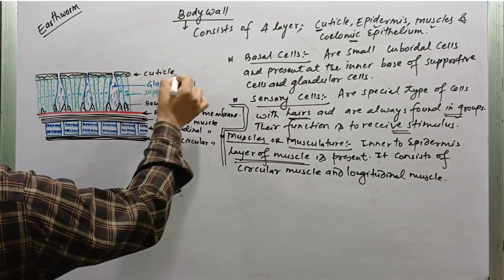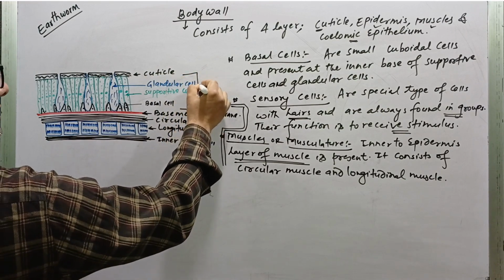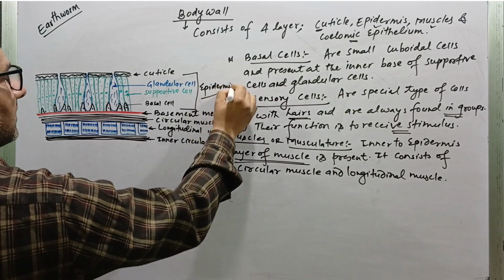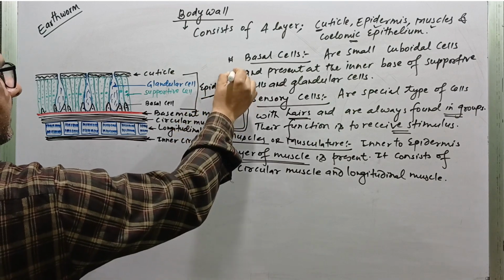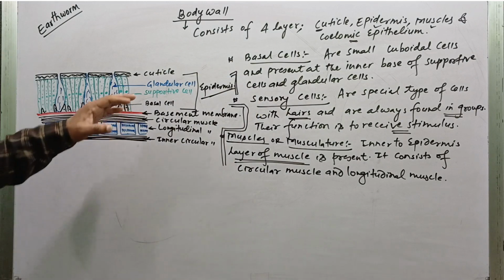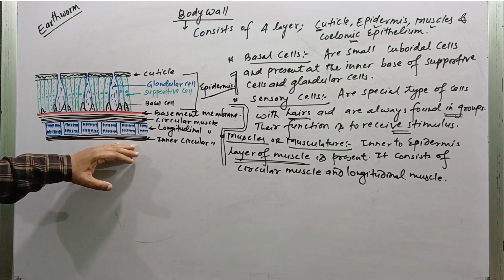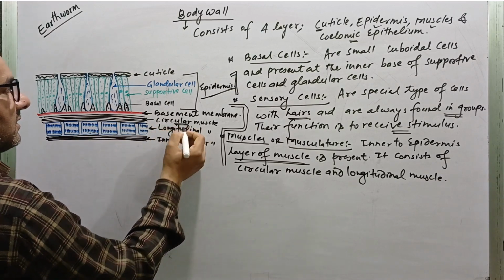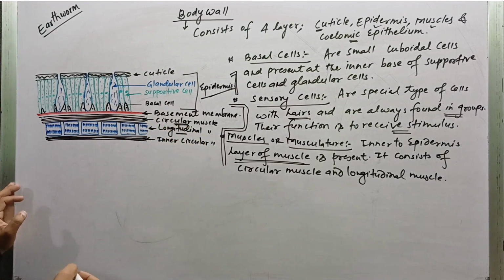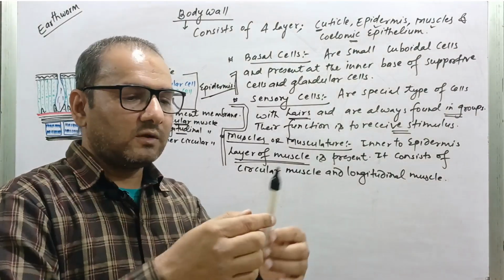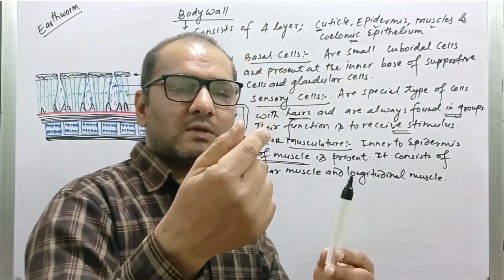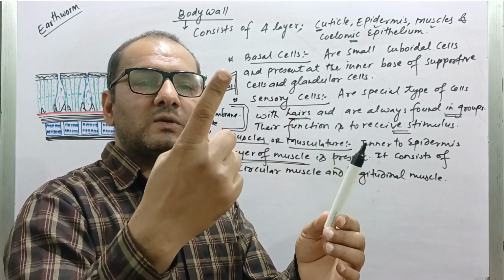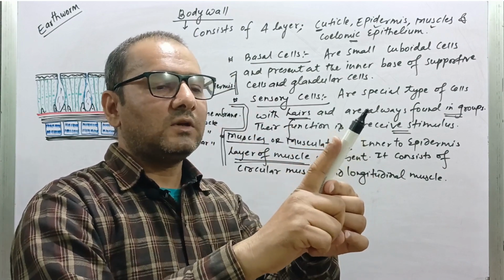This layer is cuticle, this layer is epidermis. Inner to the epidermis, the layer of muscle is present, and this muscle consists of circular muscle and longitudinal muscle. If this is the body of an earthworm, and this one is a muscle fiber, then the circular muscle extends around the body, and the longitudinal muscle extends along the length of the body.